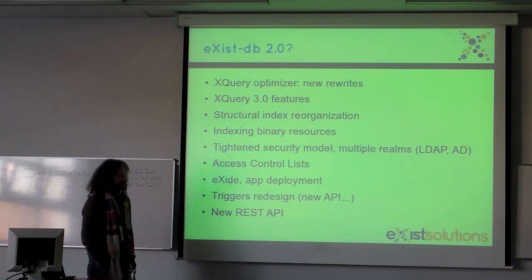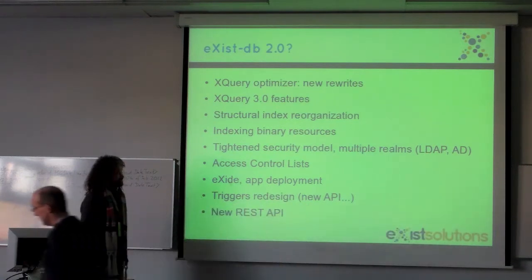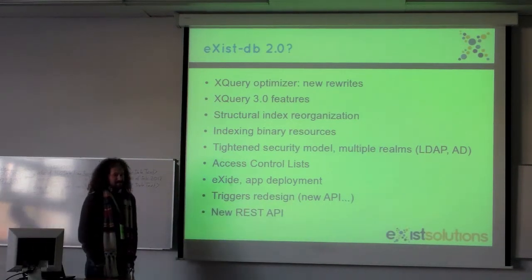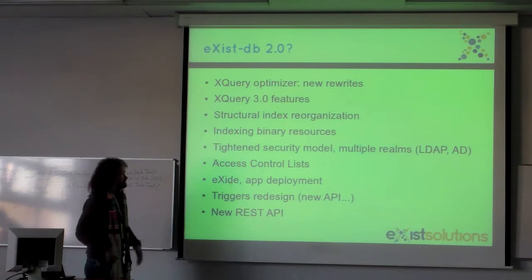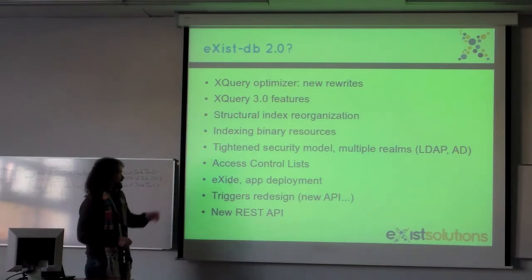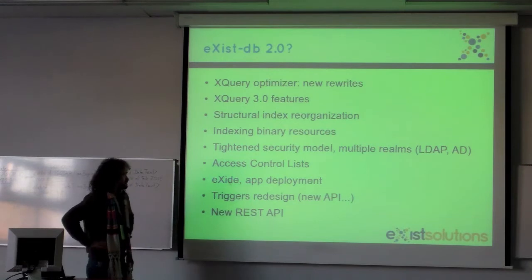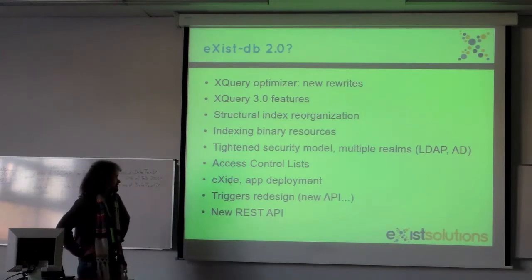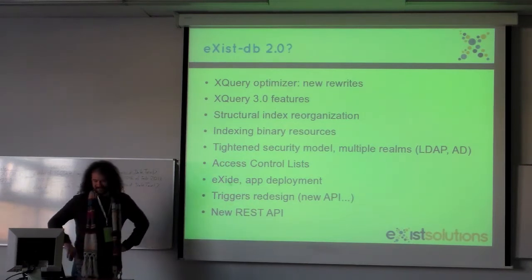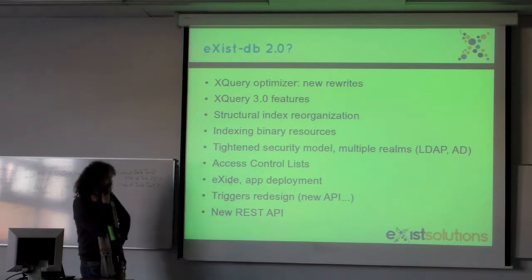Adam has already talked about the new security model, with its support for multiple realms, LDAP, Active Directory, and so on. There is now a real Unix-style security system behind it. We have access control lists, which have not been shown in action yet, but I think are a really powerful feature if you have to build a real-world application in XQuery.